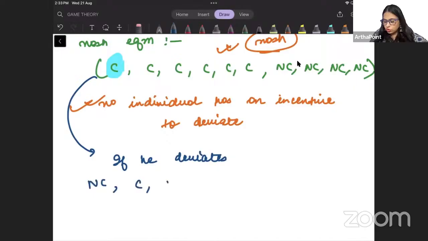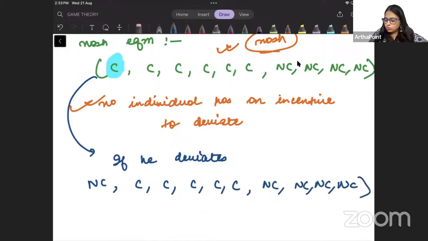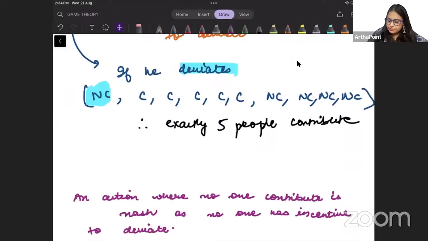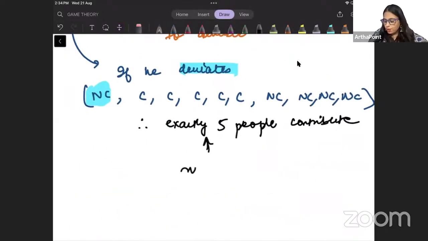No contribute. So if he deviates, माने he is not contributing. So now exactly 5 people contribute. So when 5 people contribute, माने the good is not there. That means no public good.